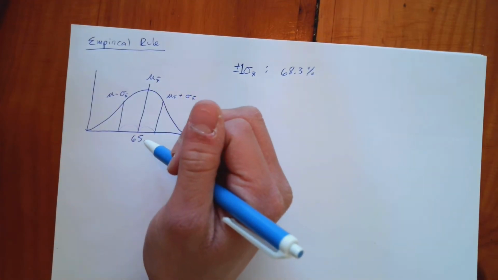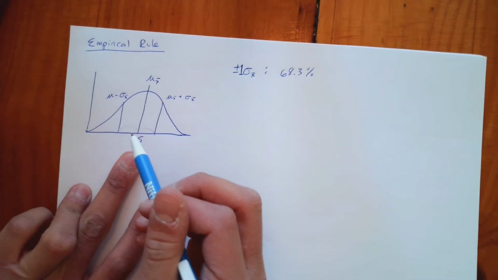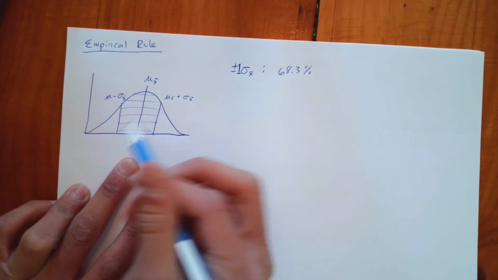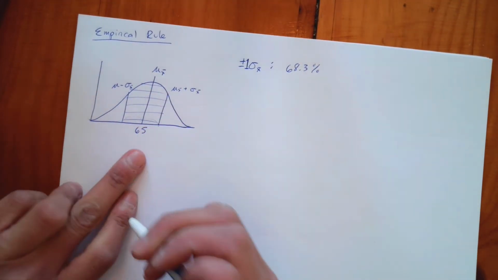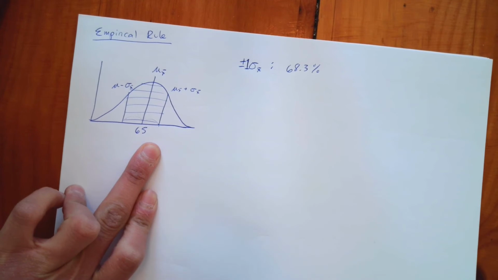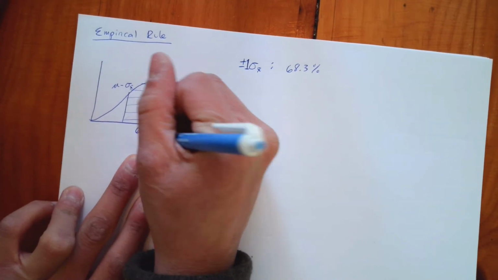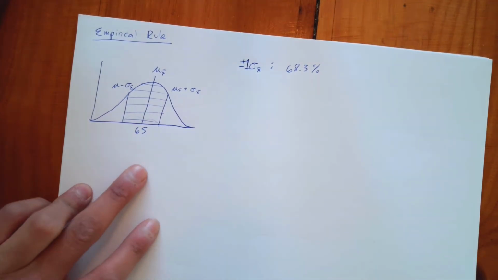So what we can do, just like we did last week, to find the values that include 68.3% of the area under the curve around the mean, is add our standard deviation and subtract our standard deviation from our mean. Actually, we have standard error, not standard deviation.